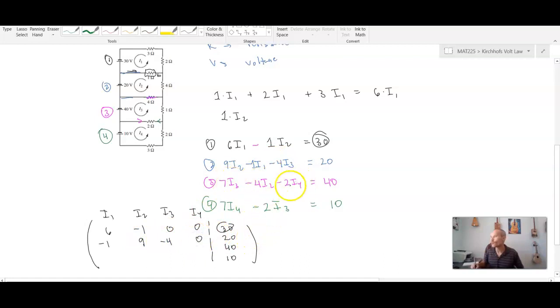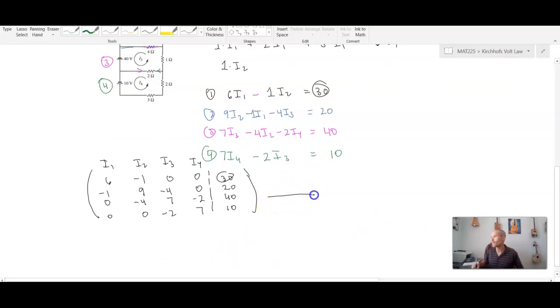And in the third loop, I have 0I1, negative 4I2, 7I3, negative 2I4 equals 40. And in the fourth equation, we have 0I1, 0I2, negative 2I3, 7I4. And those are going to give us our four equations.